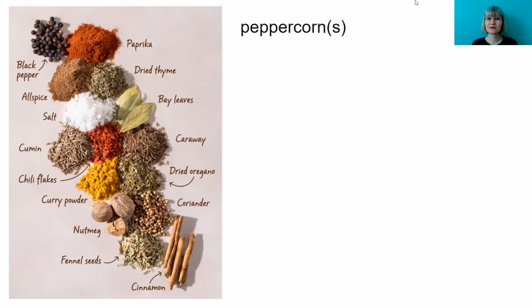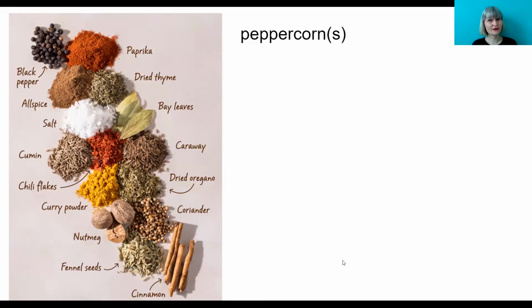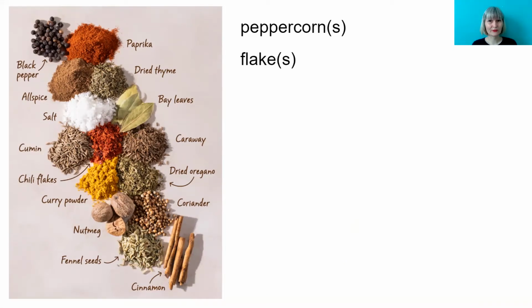We can count it using the word peppercorns. So 1 peppercorn, 2 peppercorns, 3 peppercorns, corn helps us here, да, то есть это как горошинки перца, да. All right, we can also use flakes, хлопья, for example, chili flakes, хлопья чили, да.